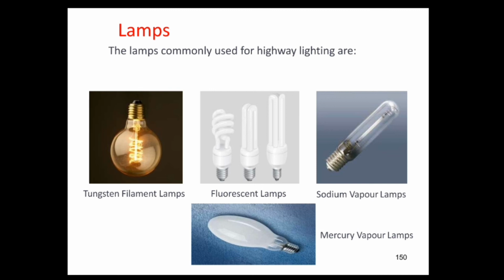Along with this, nowadays the use of solar lighting and LEDs is done as they prove to be more economical, as well as the maintenance cost is also low as compared to the other types of lamps.